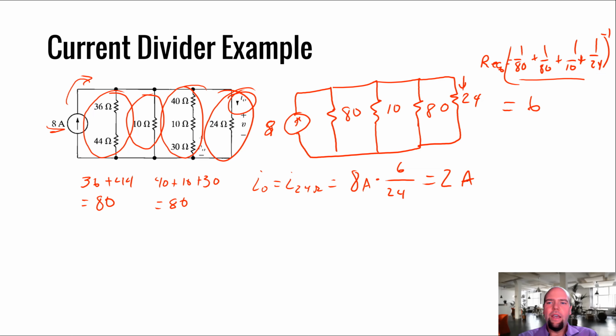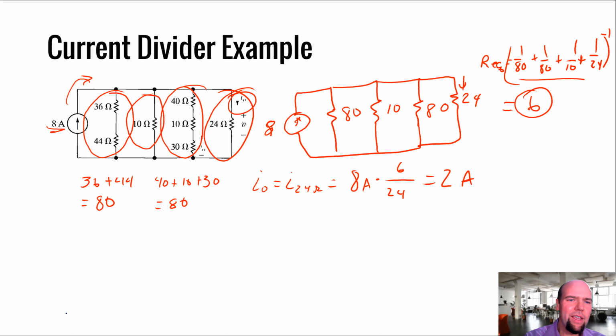Okay. But there's some other things we can say, right? We already found the equivalent resistance of this circuit. It's 6. So I'm going to try to shoehorn a voltage divider problem in, because I didn't leave an example for voltage divider in here.